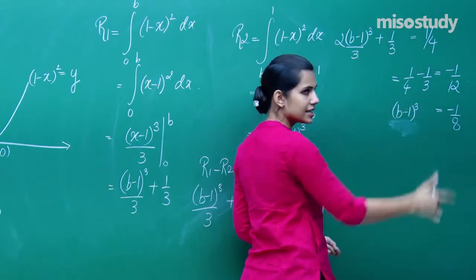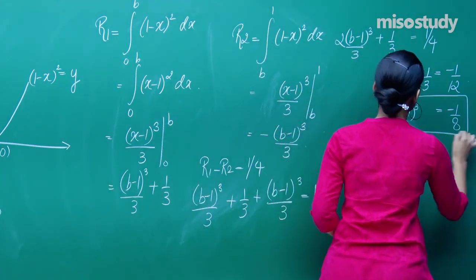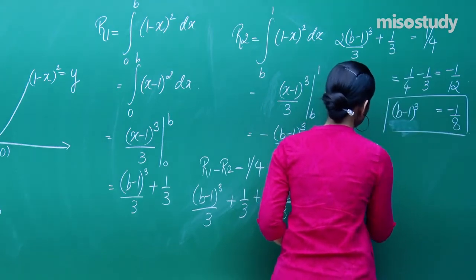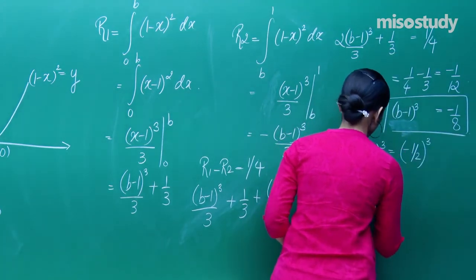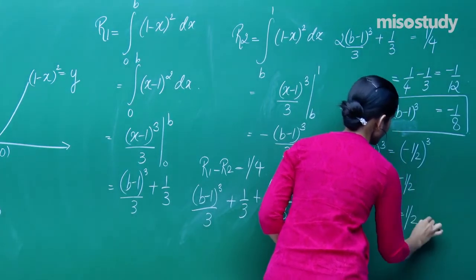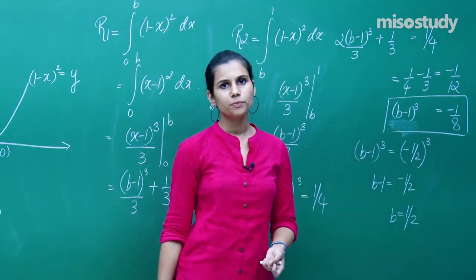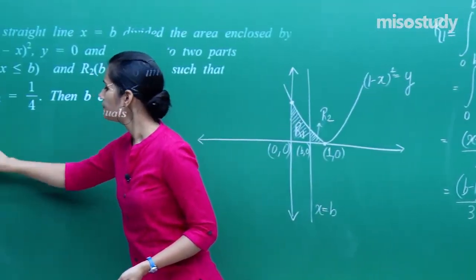I have taken 3 that side and 2 in the denominator already. So b minus 1 cube is minus 1 by 2 cube, so b minus 1 is minus 1 by 2. b is minus 1 by 2 plus 1, which means b is 1 by 2, and that is your answer.